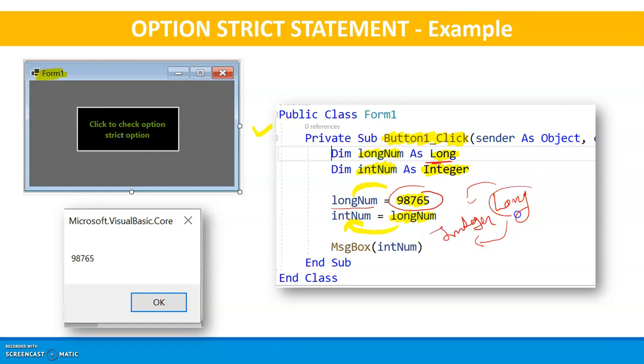Here we have two different data types for assignment. This is the equal to sign, and then we are printing intNum. This intNum will have 98765.